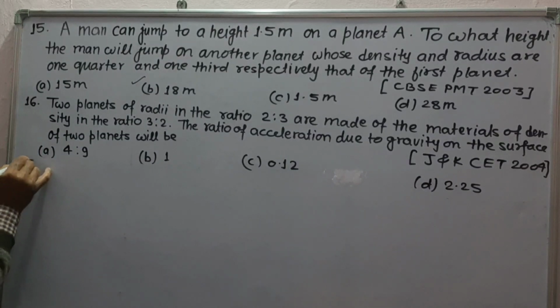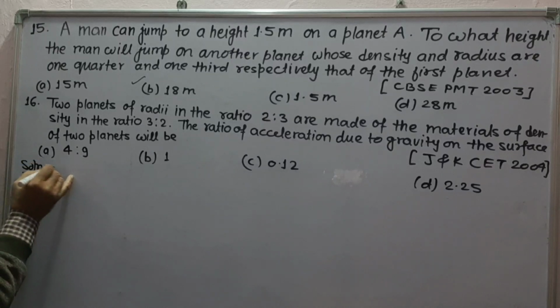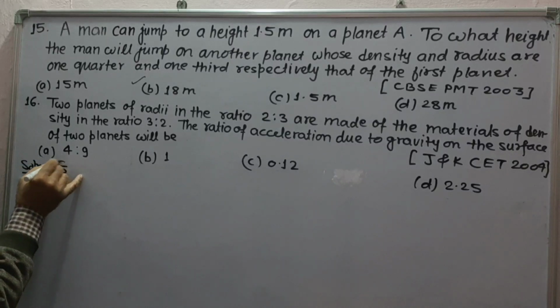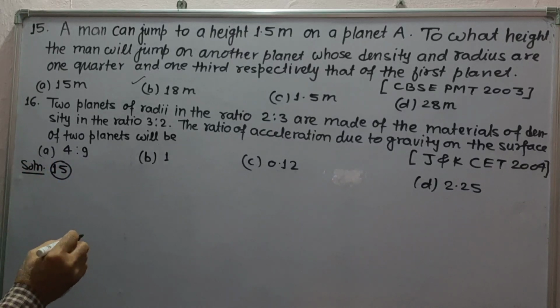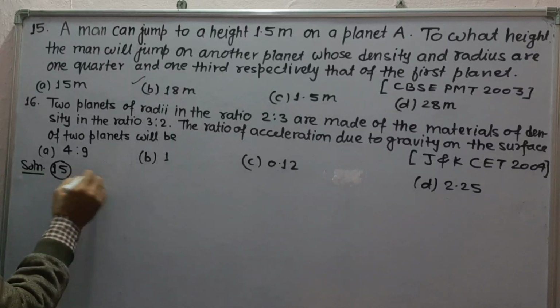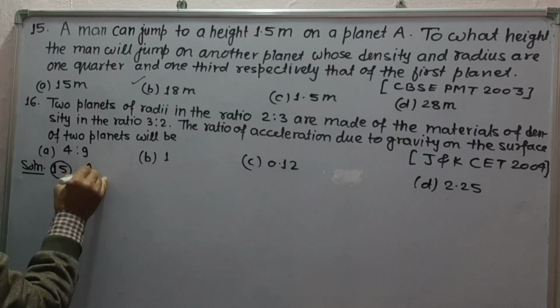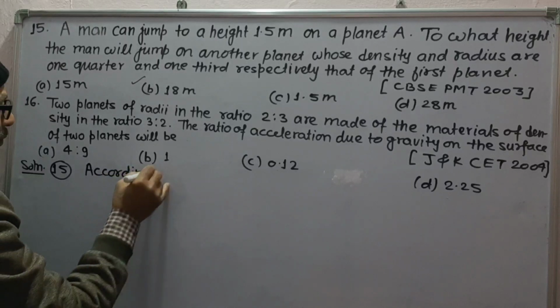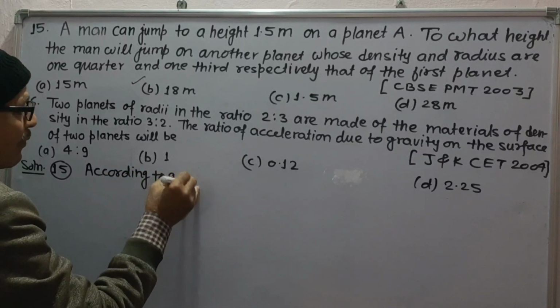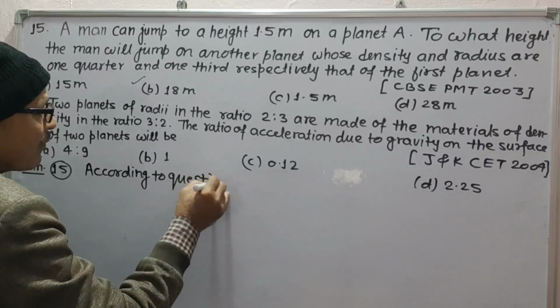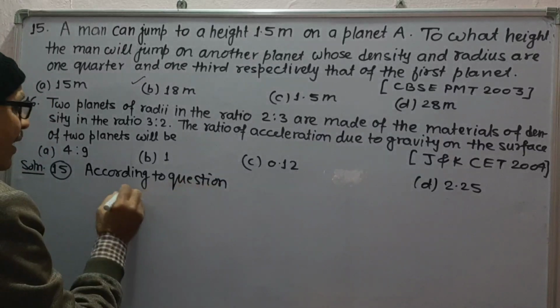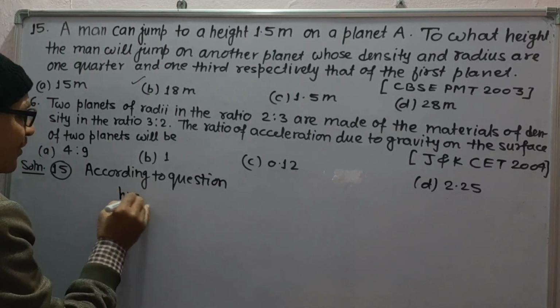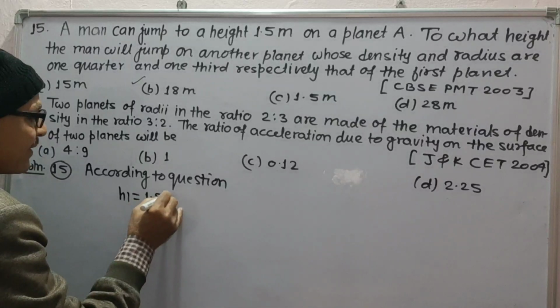Solution to question 15. According to the question, on the first planet H1 is 1.5 meter.